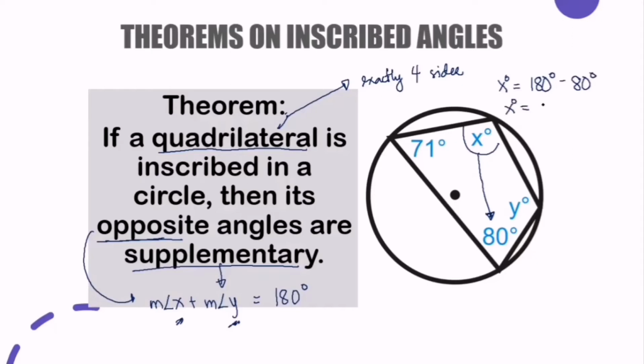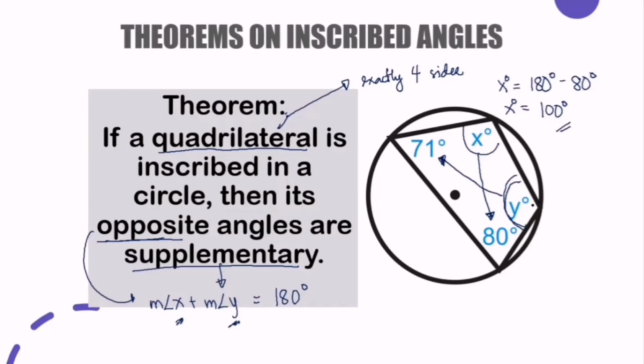So x degrees here measures 100 degrees. Next, this y angle, its opposite is 71 degrees.